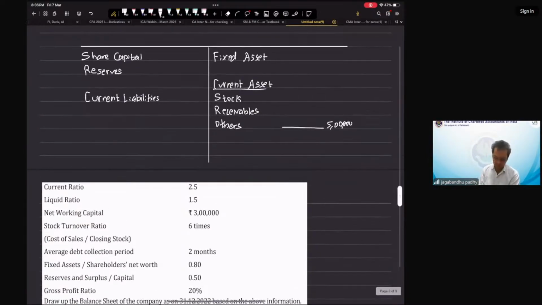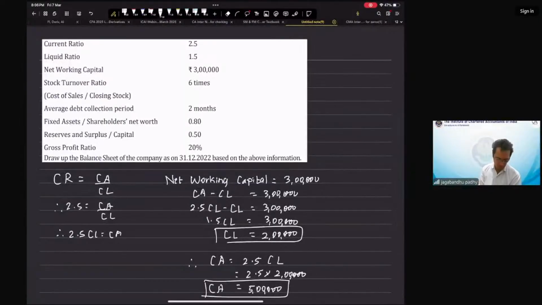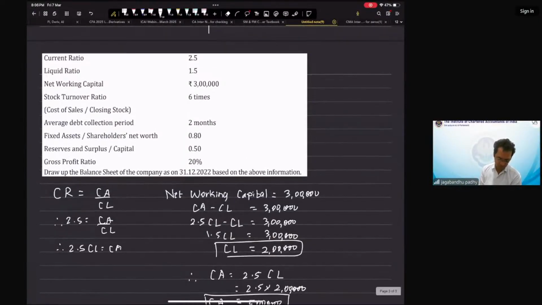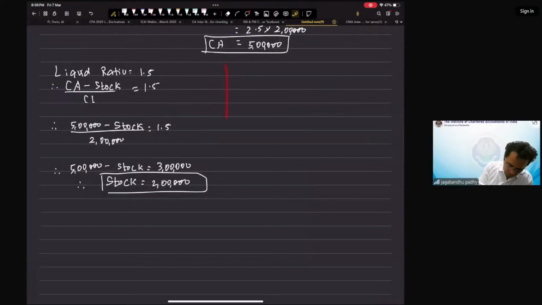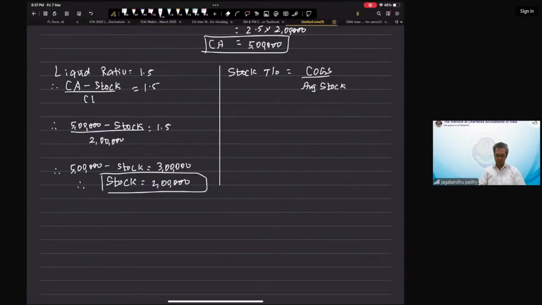Fixed assets. Okay, we got the stock given to us. Now stock turnover is calculated as cost of sales upon closing stock, so let us use this stock. Stock turnover is cost of goods sold upon average stock.